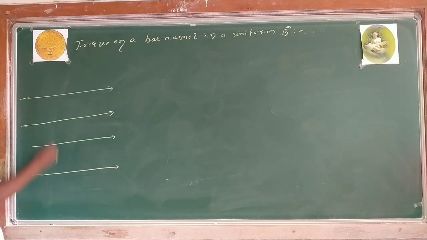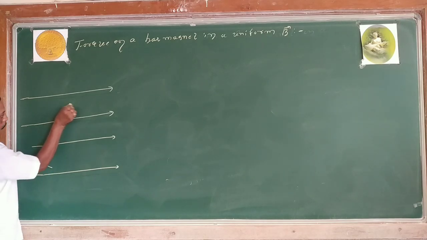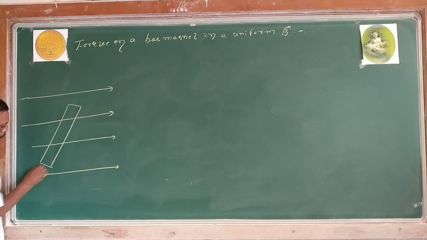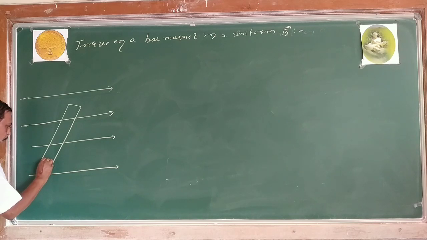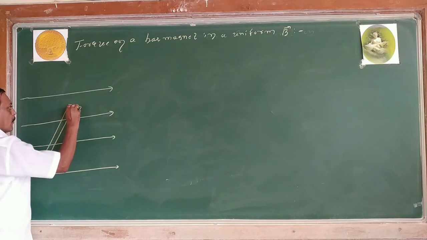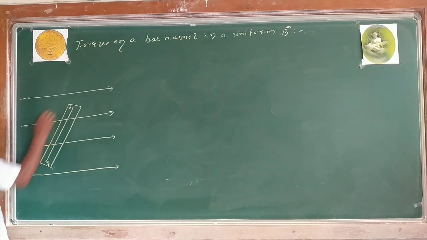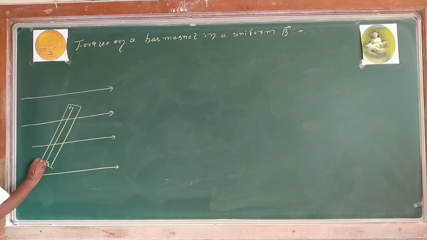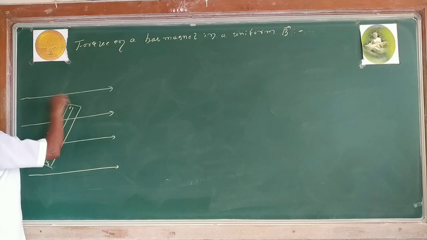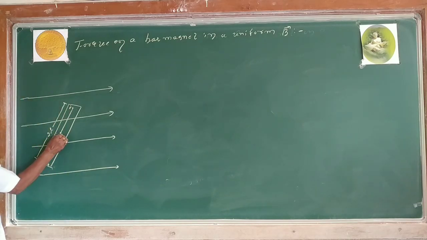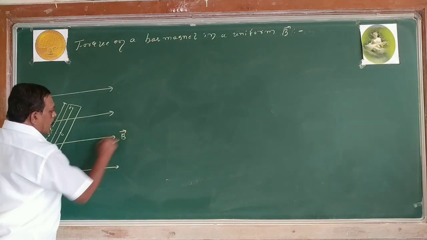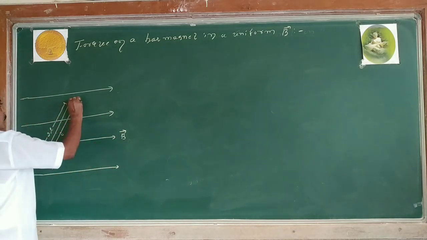I place the bar magnet. This is south pole, and this is north pole, having the magnetic moment M. The separation distance between the two poles is 2l, the magnetic length. Each one has pole strength m.